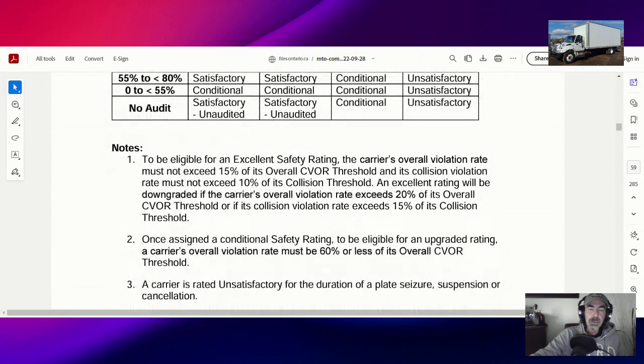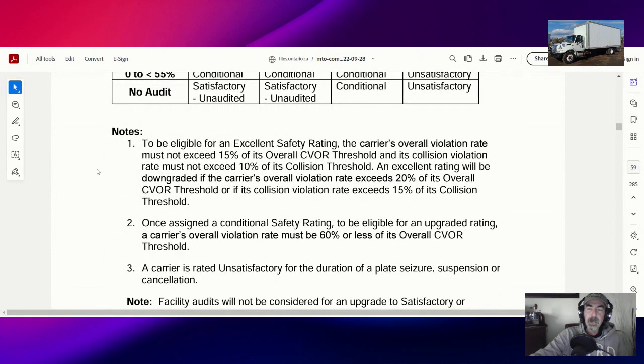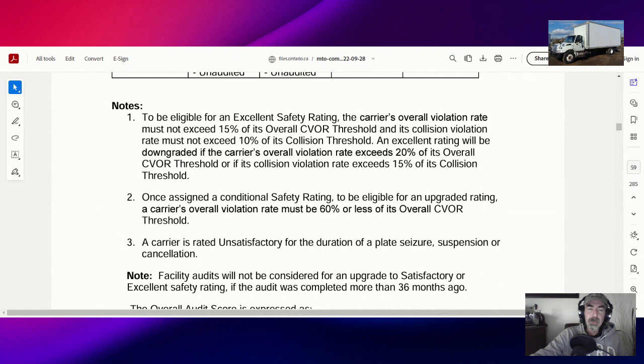Note, to be eligible for an excellent safety rating, the carrier's overall violation rate must not exceed 15% of its overall CVOR threshold, and its collision violation rate must not exceed 10% of its collision threshold.